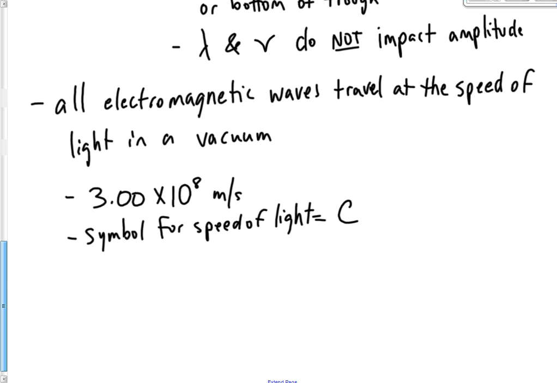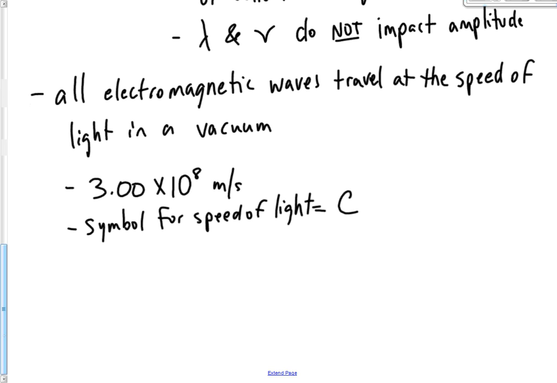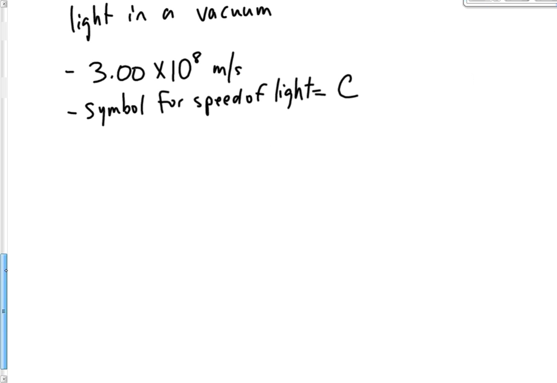The letter C. I'm sure you've heard of E equals mc squared, even in random places. The C there is the speed of light. So the equation that we're concerned with is the speed of light equals the wavelength times the frequency.